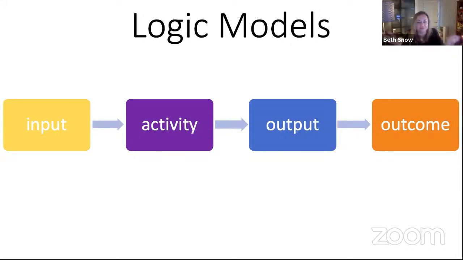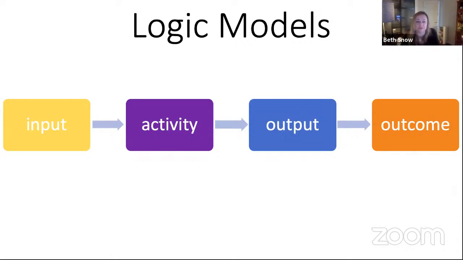There are different forms that logic models can take. Often it's boxes and arrows. In this little diagram, we have different boxes for inputs. That could be the resources to run your program: equipment, staff, curriculum, whatever things you need to do your work.